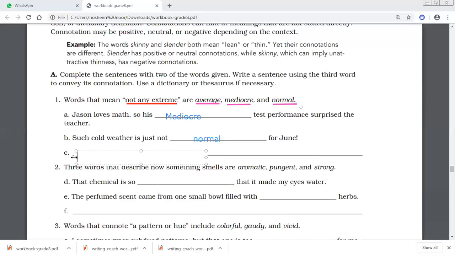She was of above average height, which means that she was not of a height which is commonly seen, or which is commonly found in people.